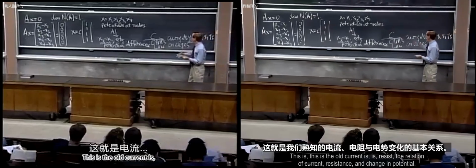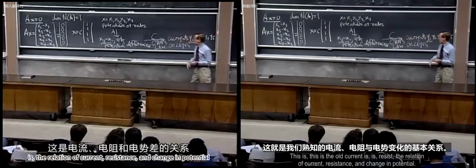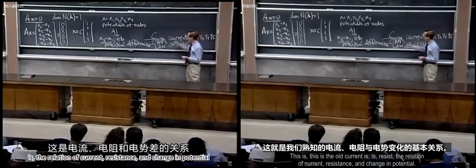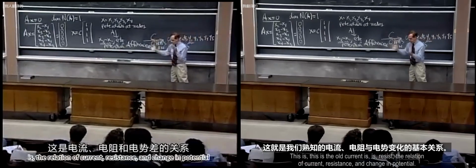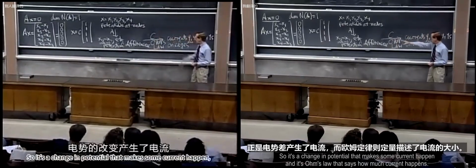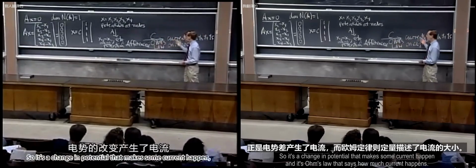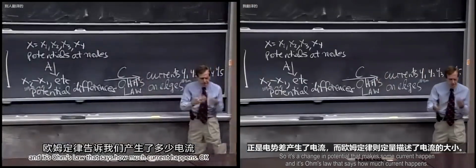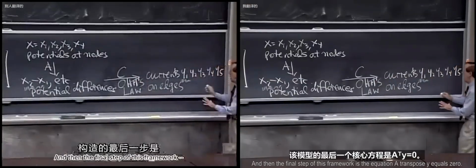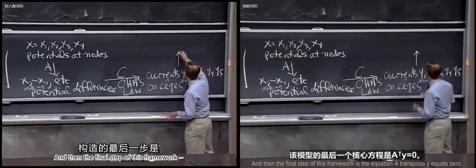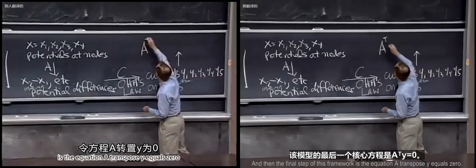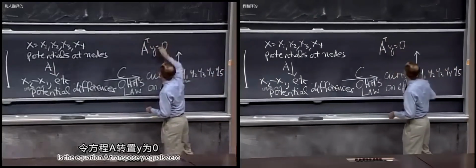This is the relation of current, resistance, and change in potential. So it's a change in potential that makes some current happen, and it's Ohm's law that says how much current happens. Okay, and then the final step of this framework is the equation A transpose y equals 0.